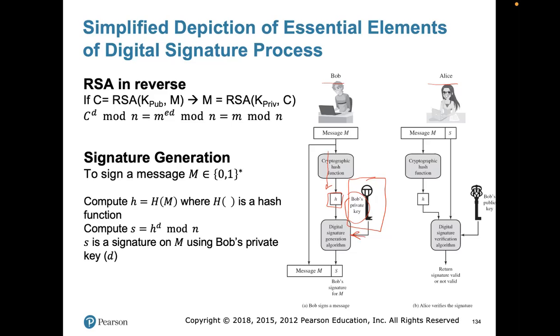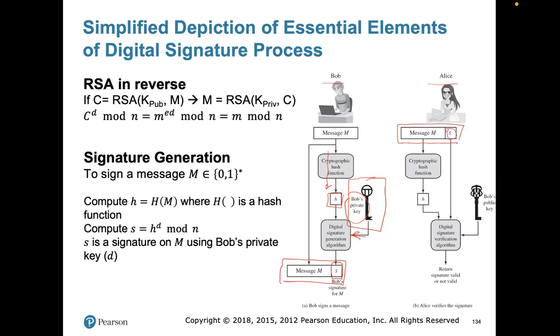And then this encrypted version of the hash is the actual signature that we will be appending to the message. So Bob sends the original message plus the signature to Alice, and Alice receives that.